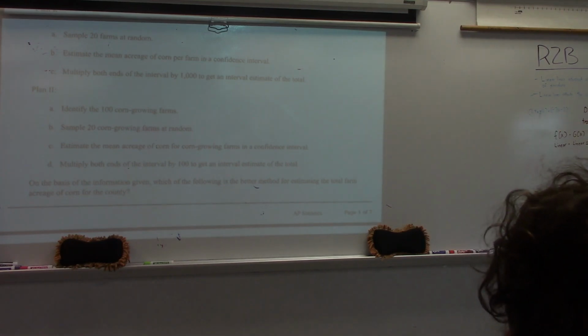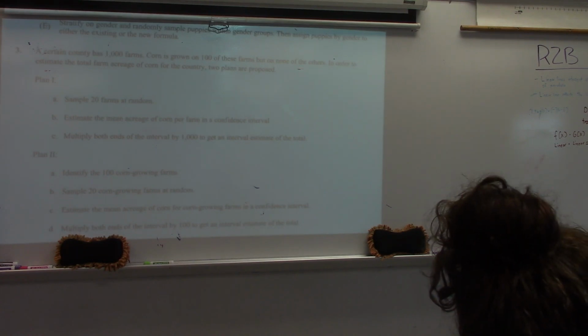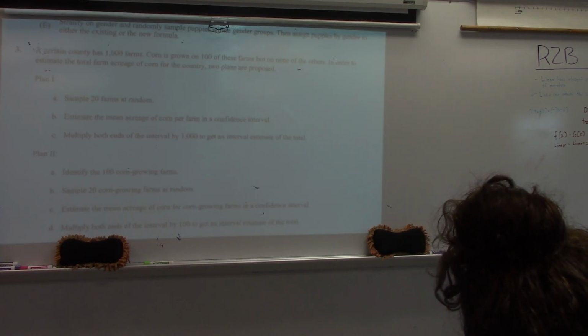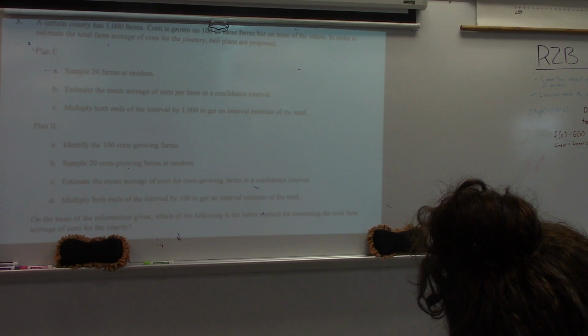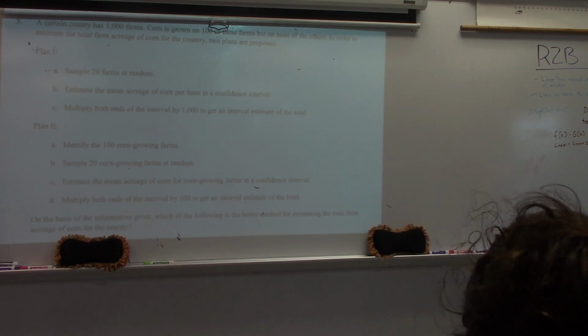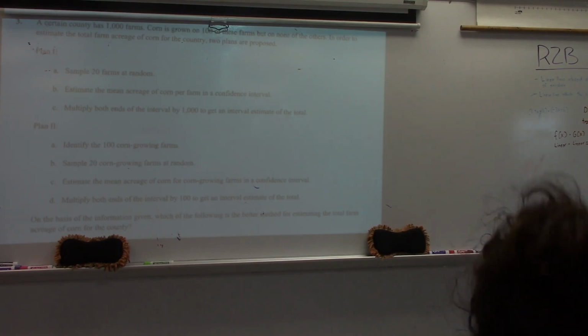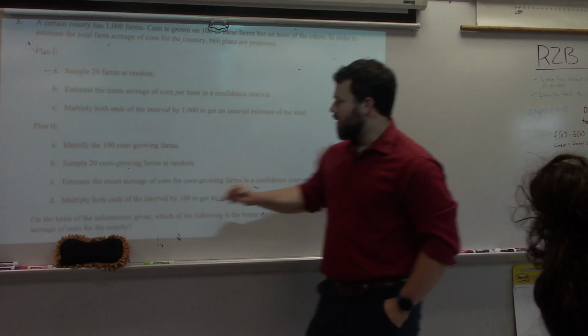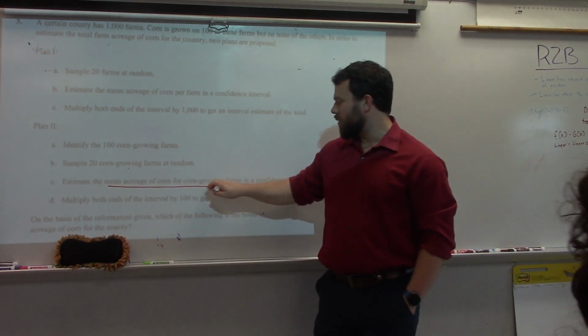So you're multiplying by 100 at the end, but you already sampled 10. You need to multiply by 5. No, they're getting the mean, so it's all down to 1. Because they're getting the mean, and the mean of the 20 is an estimate of the mean of the 100. So the mean acreage of corn for corn growing farms.